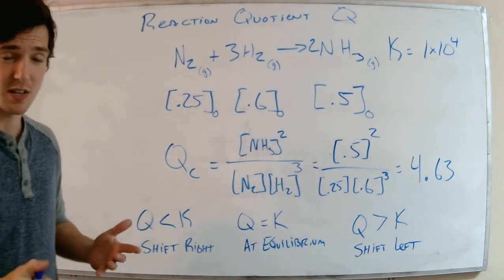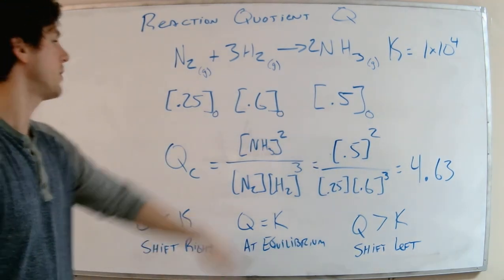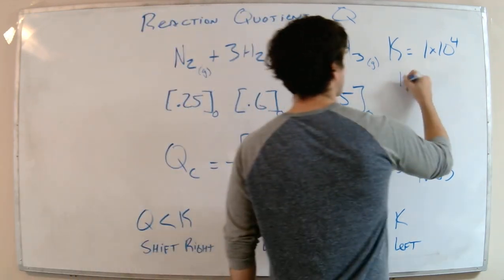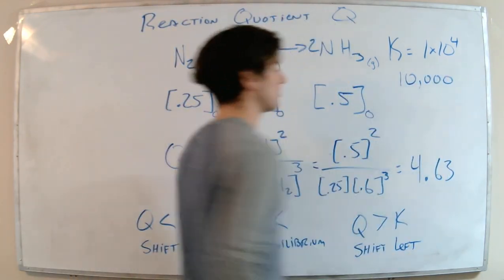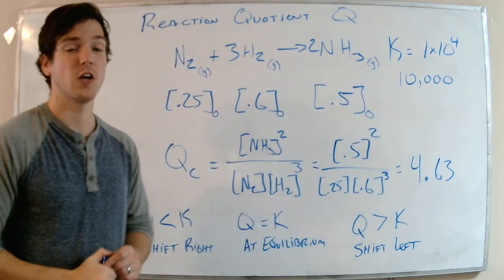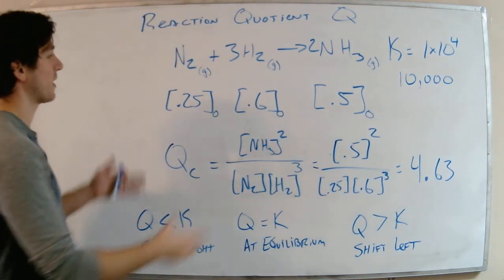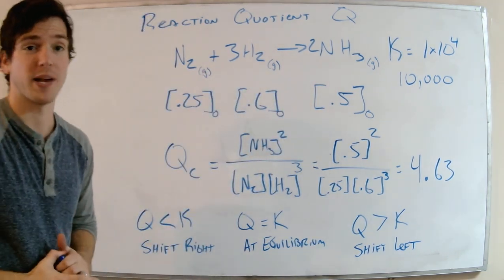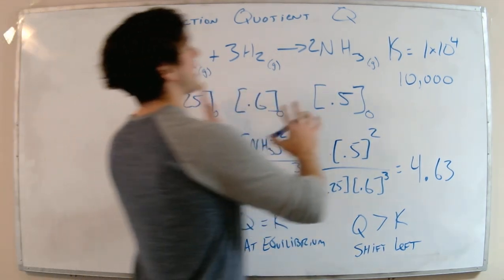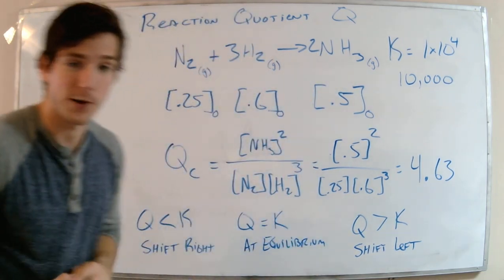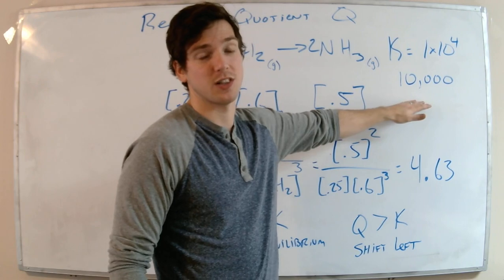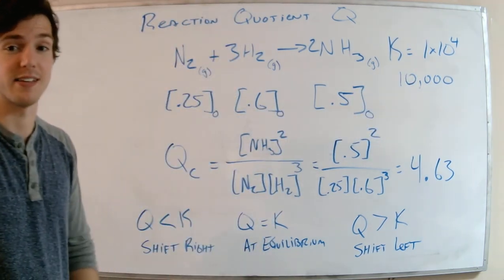So in our example here, our Q is a lot lower than our K, right? Our K is essentially 10,000. Well, our Q's got a long way to go. That means that when I put these concentrations in a container together to react, they're going to shift right and create a lot more products because that Q is so much less than the equilibrium constant K.